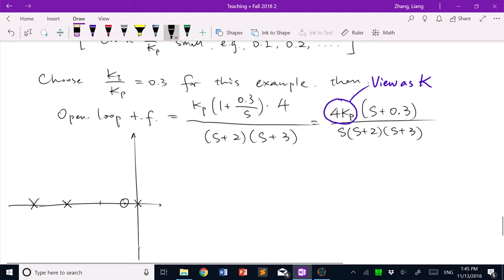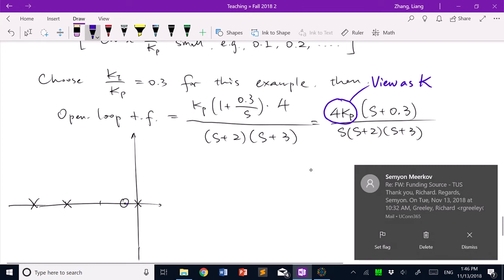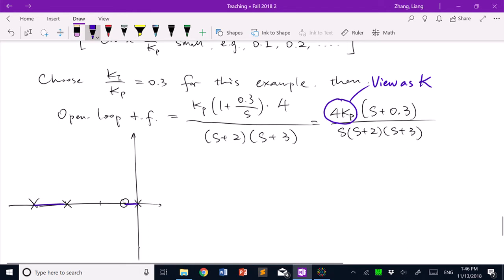And that's it. Now you can do the real axis section, which will be here, and it will be here. You have 3 poles, 1 zero, so the order difference is 2, which means you should have 2 asymptotes.